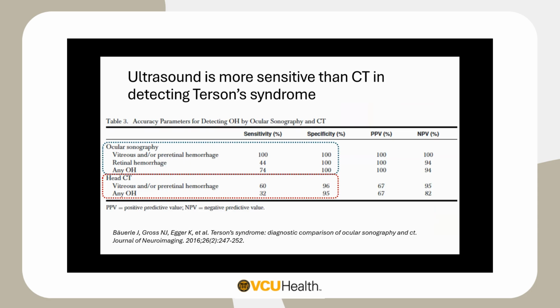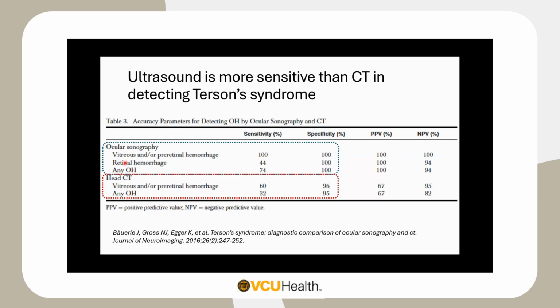This study compared the diagnostic performance of ultrasound and CT to fundoscopy, and ultrasound, not too surprisingly, performed much better than CT scan because we have higher resolution with the linear ultrasound. You'll see that for vitreous and retinal hemorrhages, our sensitivity and specificity were 100%.